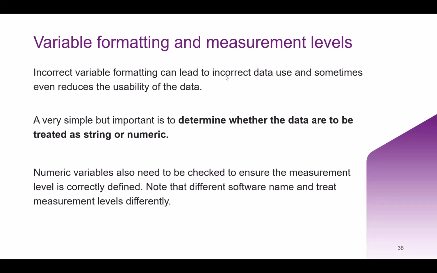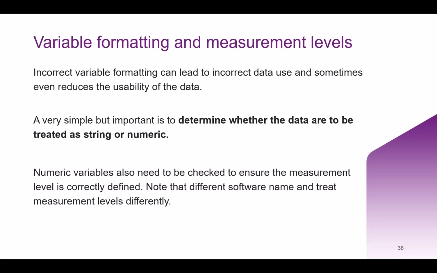Yeah, so a simple but important aspect of working with survey data is to ensure that variables are formatted correctly, especially deciding whether they should be treated as string or numeric variables. And if data are incorrectly formatted, researchers who use the dataset later may have to reformat variables themselves before they can run analysis.